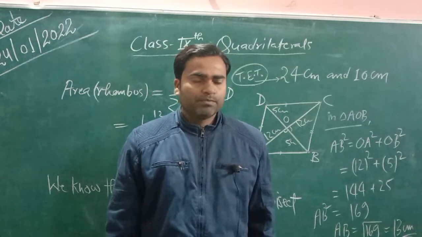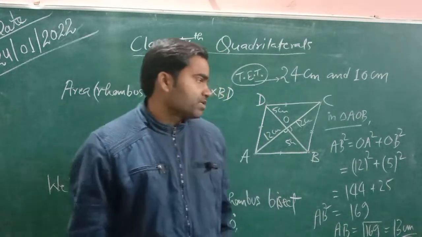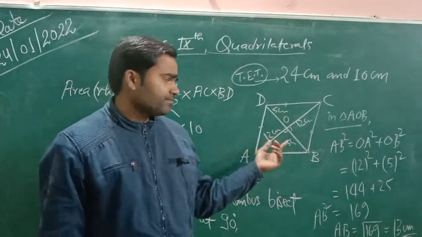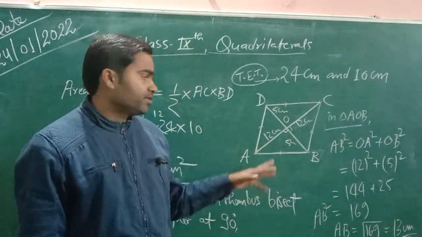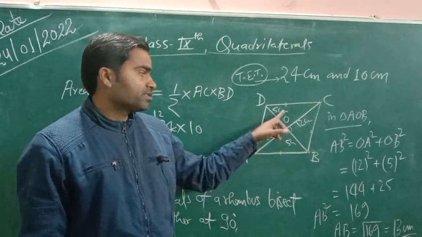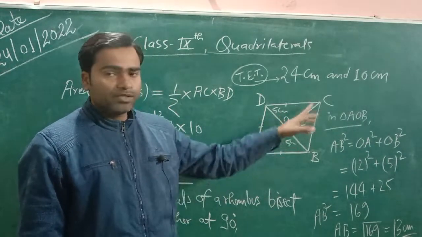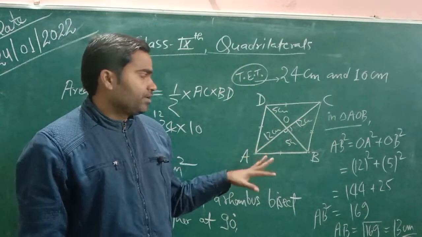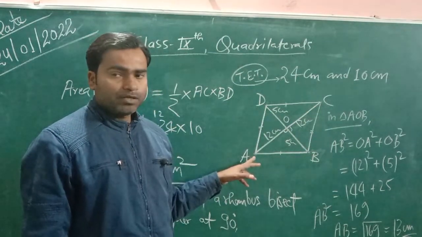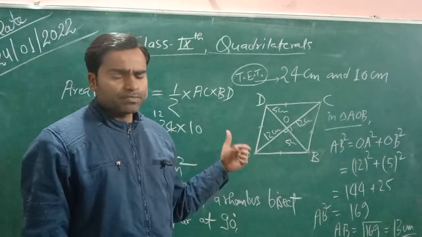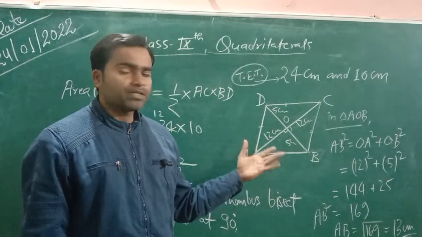You can also prove by yourself that diagonals bisect each other. For proving this theorem, you can take these two triangles AOB and COD. In AOB and COD, CD equals AB, opposite sides or sides of rhombus, because all four sides in case of rhombus are equal.